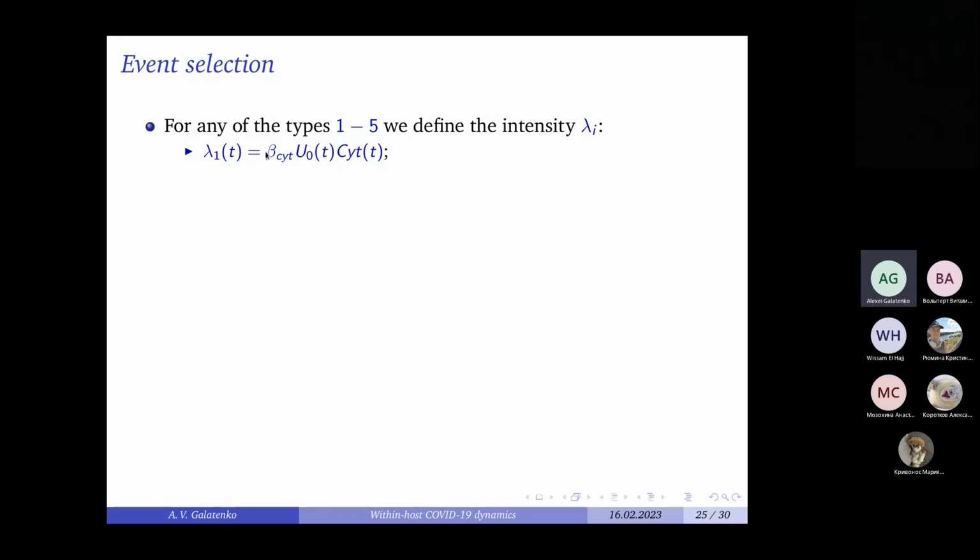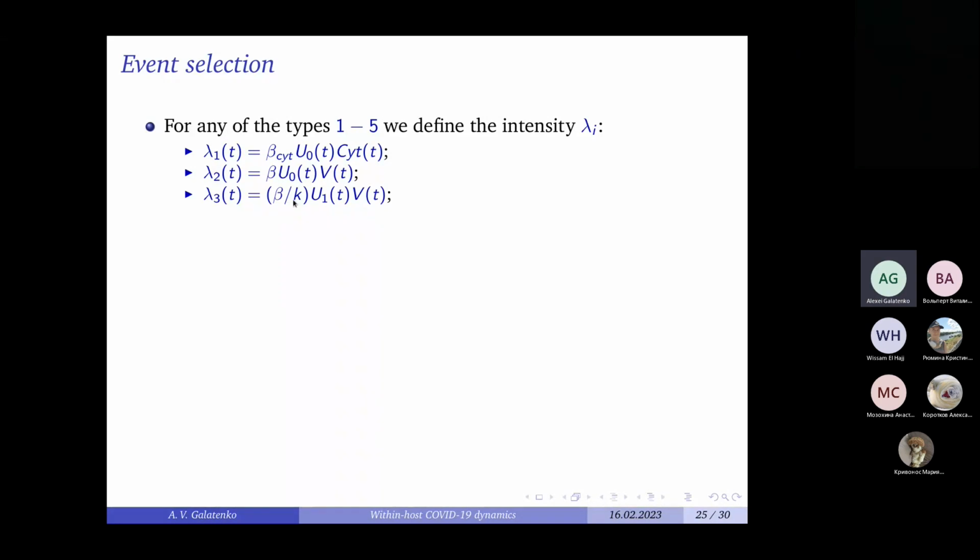The cell is made immune, is made resistant, with intensity which is proportional to the product of the number of regular cells and the number of cytokines. This is the intensity of infection of a regular cell. The same thing as in the equations.